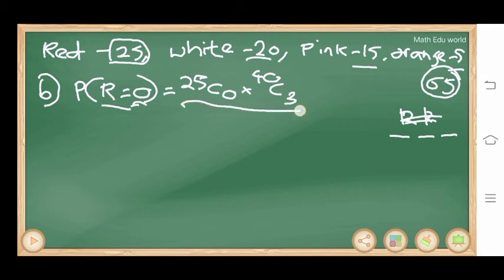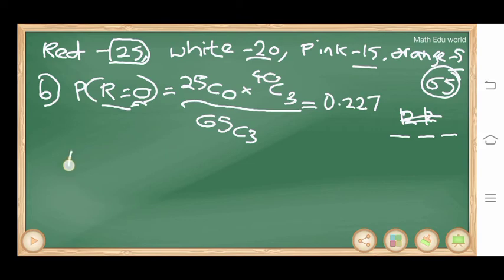All divided by the total, which is 65C3. Just do this calculation. We get the answer as around 0.227.